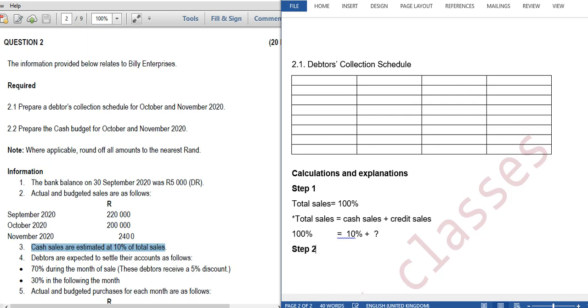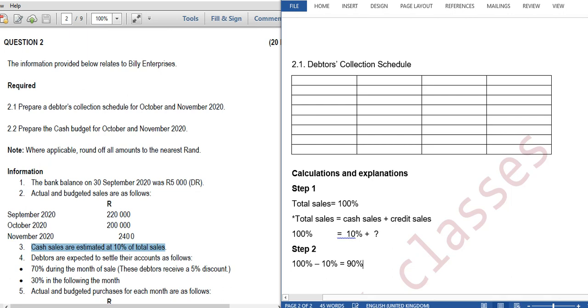Step 2, we are going to say 100 minus 10. What do we get? We get 90. So 100% minus 10%, we get 90%.